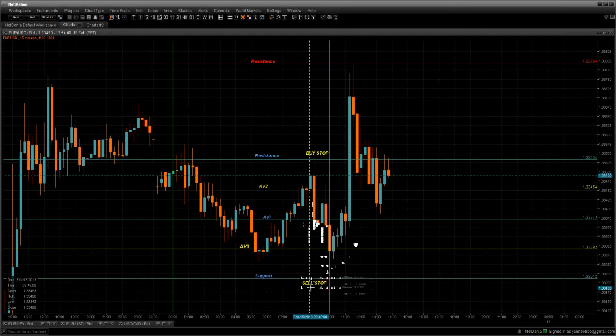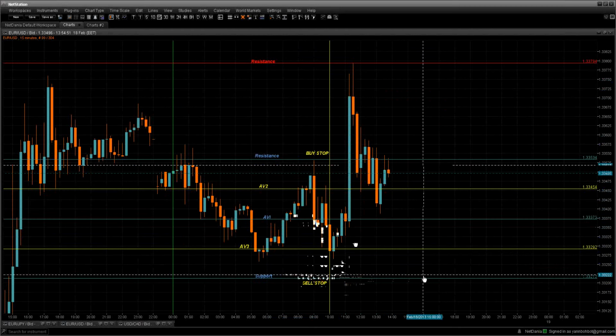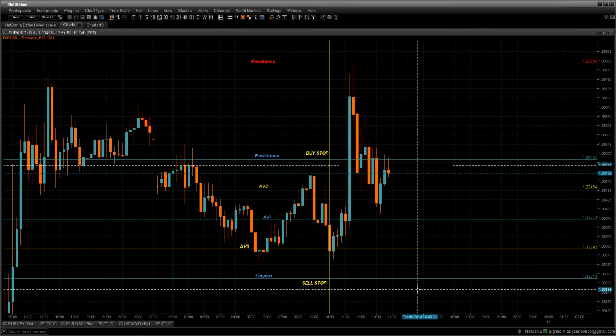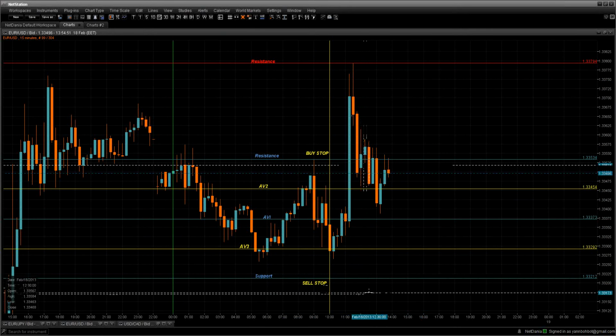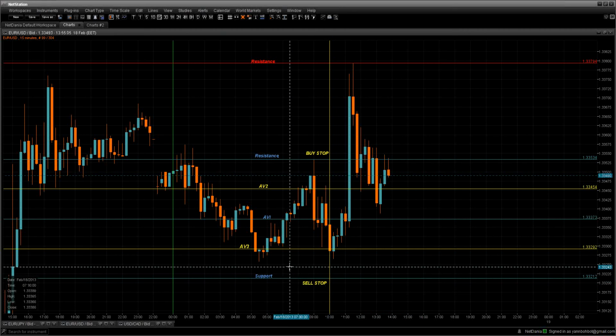Sell stop would be here. So if the sell stop is lower than the current market rate, so if the current rate goes 1.33212, so let's say 1.3320, okay, it breaks through this rate, your sell stop is ready, it opens your position automatically with the stop losses and take profits.